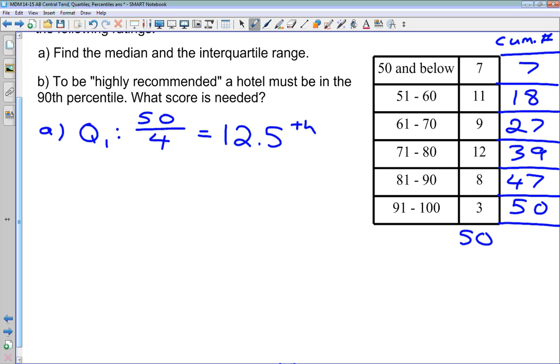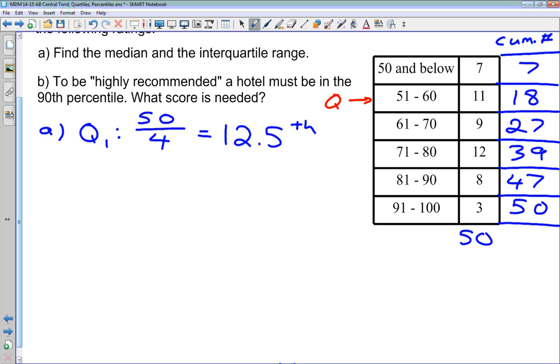So looking at this, which bin is the 12.5 number going to be in? Well, it's not going to be in the first bin because we only have 7 there. It's going to be somewhere in this second bin where we go from number 7 all the way up to 18, because 12.5 is in that range from 7 to 18. So Q1 is going to be in this bin.